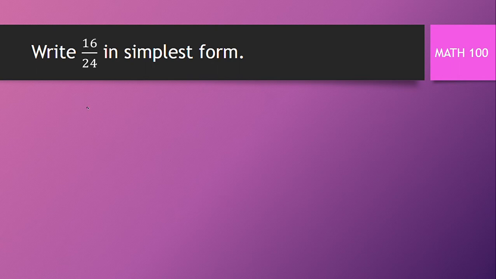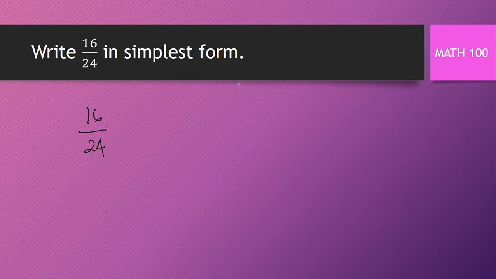So for 16 over 24, you can actually do this one. You can simplify this by simply dividing it continuously by the number 2. Or if you don't want to do that because that will take up your time, then you can just simply go for the greatest common factor.